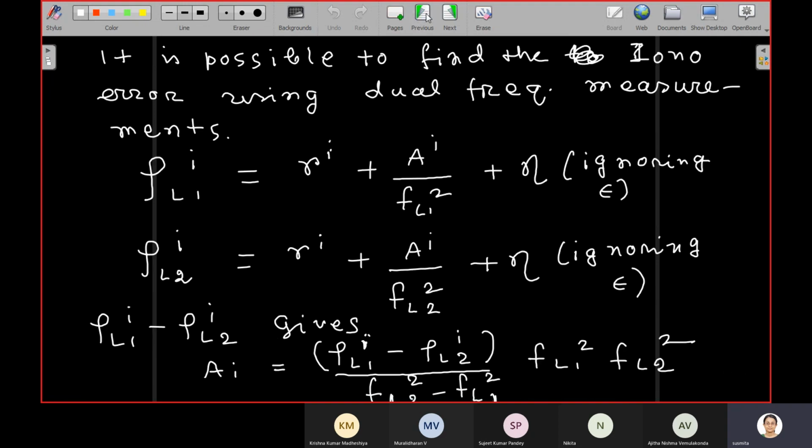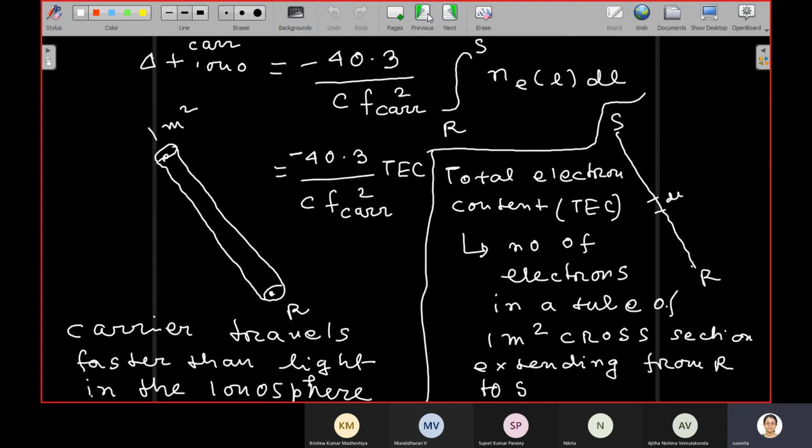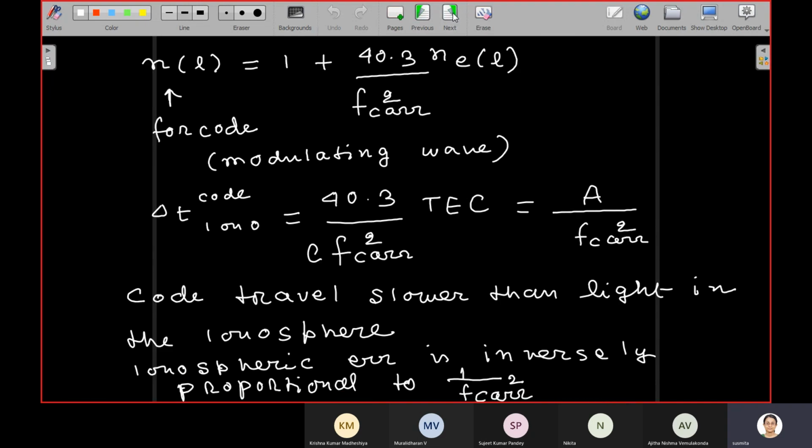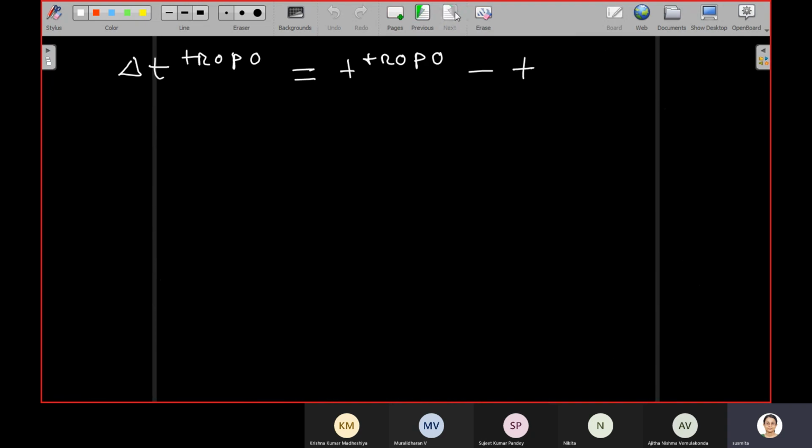Let me see what notation I used for that. T prime. Here we do not need code or carrier separately because the time would be the same for both.